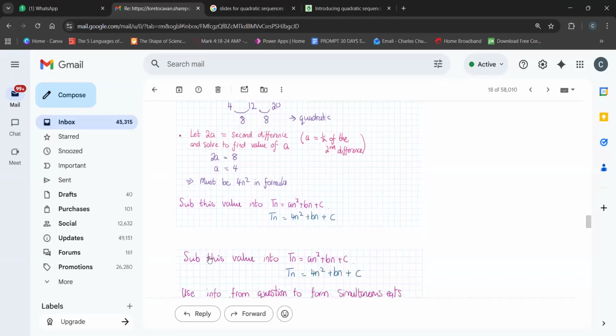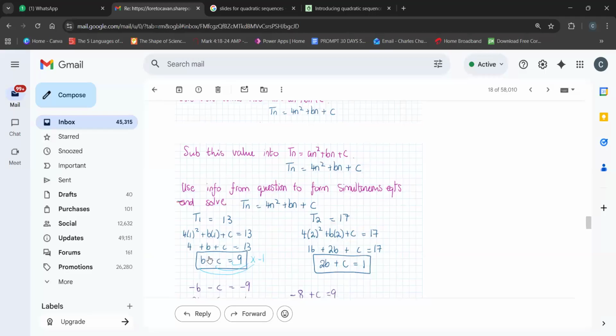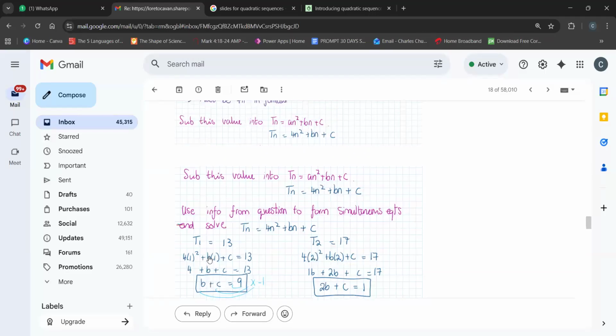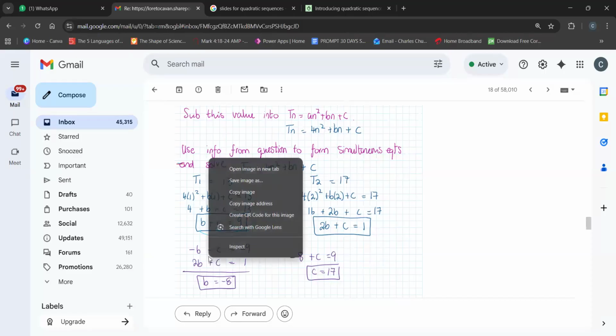And B. Okay, I think I can see it now. So we already know A. That's why we will not need to have it in the equation. So this one now only gave us two equations. That's fine. I think I can navigate it this way. It's pretty straightforward.